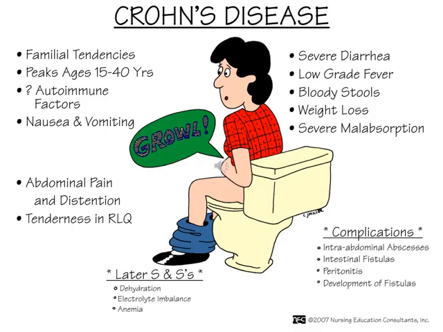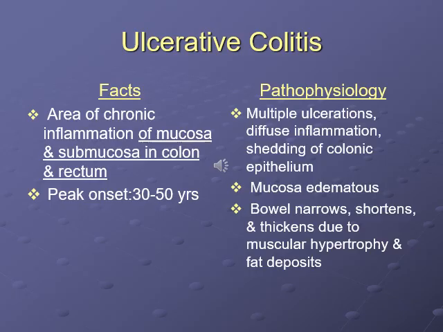There are some nice Creative Memories notebooks on Crohn's disease versus ulcerative colitis, so again, you can look at those and do some comparing and contrasting. The first big difference with ulcerative colitis is that it is an inflammatory condition of just the mucosa and submucosa, whereas Crohn's disease affected all layers of the bowel. The peak onset is a little bit later, not quite as early as with Crohn's disease.